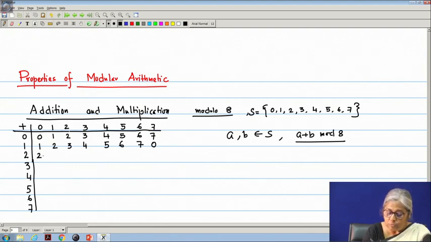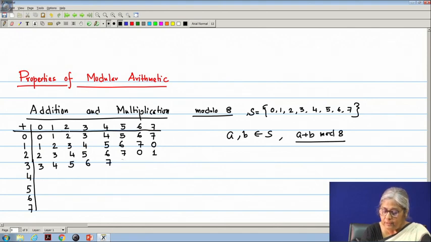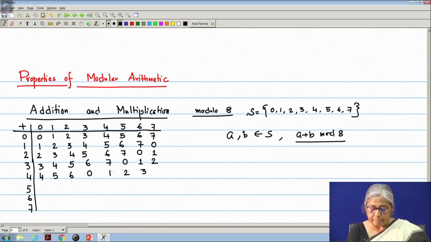Similarly, 0 plus 2, 3, 4, 5, 2 plus 4 is 6, 7, and 6 plus 2 is 8. So, 8 divided by 8, remainder 0. 2 plus 7 is 9, so 9 divided by 8 gives 1. Similarly, now we can fill up quickly: 5, 6, 7, then 0, 1, 2. Now, 4, 5, 6, then 0, 1, 2, 3. Oh, this is 7, because I am taking modulo 8.